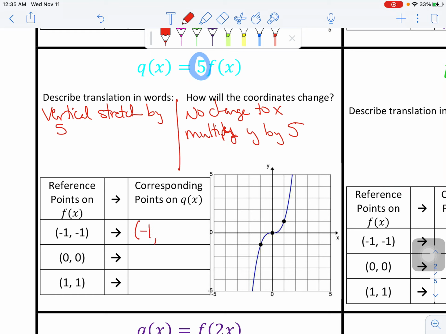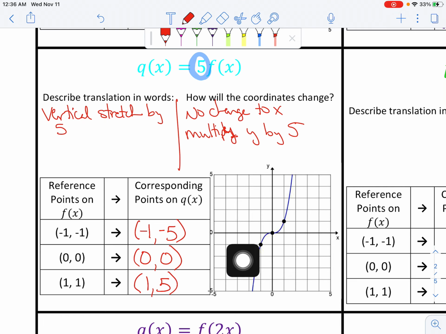Okay, so function value -1 here for the x isn't going to change. -1 times 5 is going to be -5. 0, 0. 0 for the x stays the same, and then we're going to take 0 times 5. Well, that still stays 0. The x value stays the same as 1. 1 times 5 is 5.